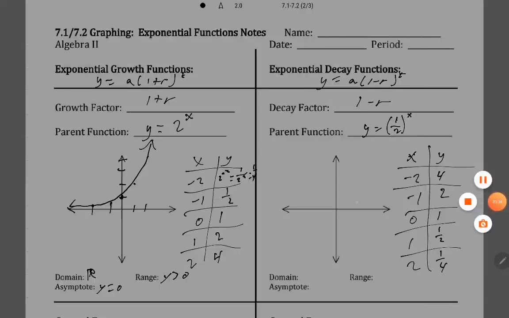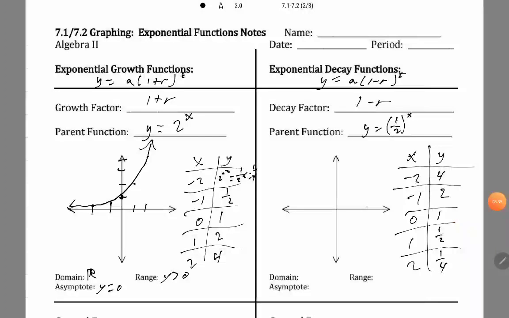So basically, we plot 4, 2, 1, 1/2, 1/4.